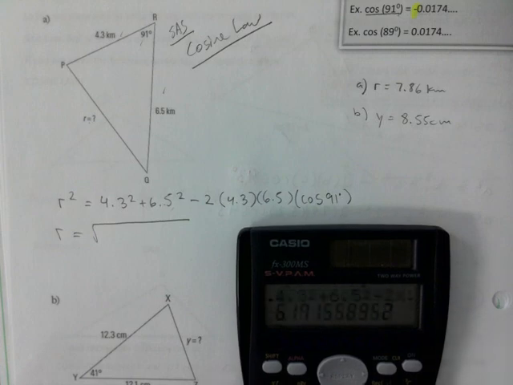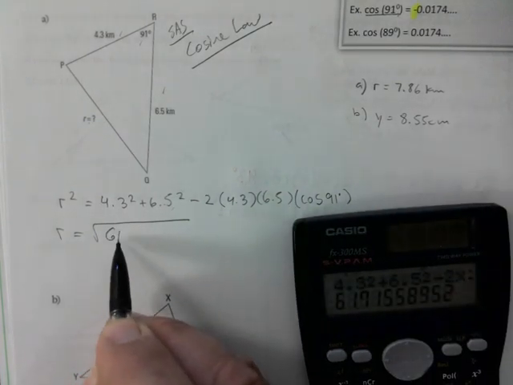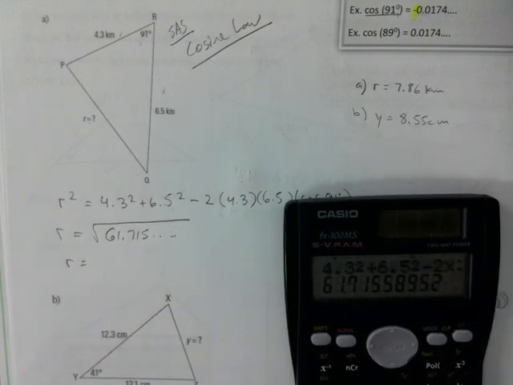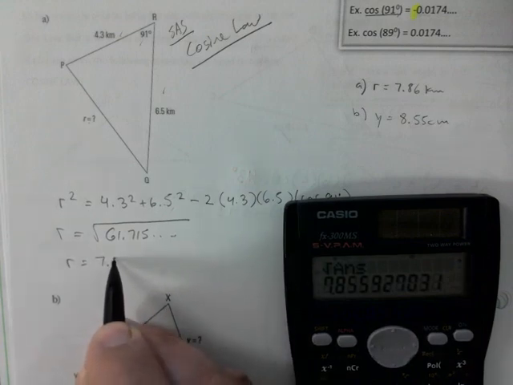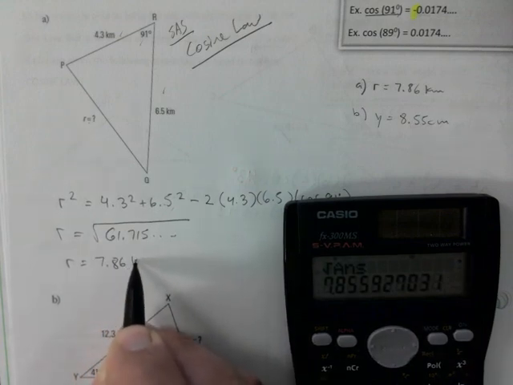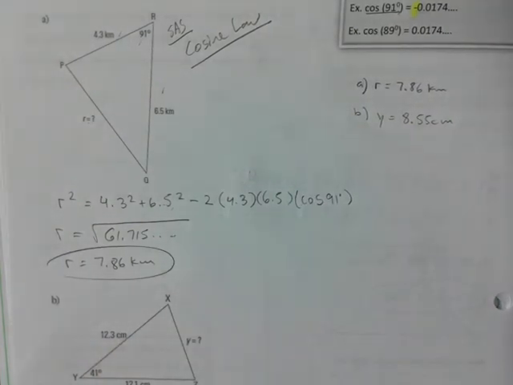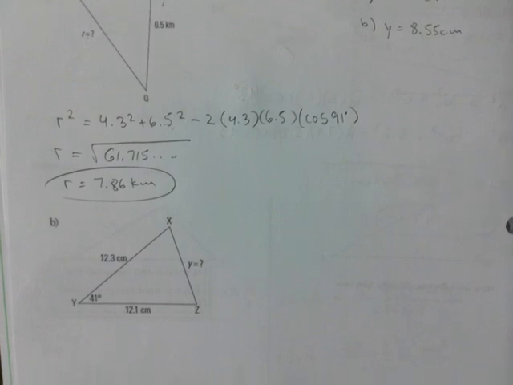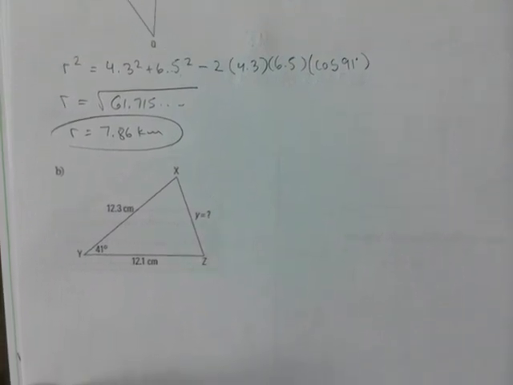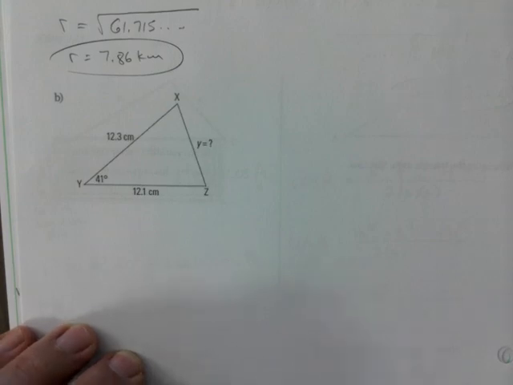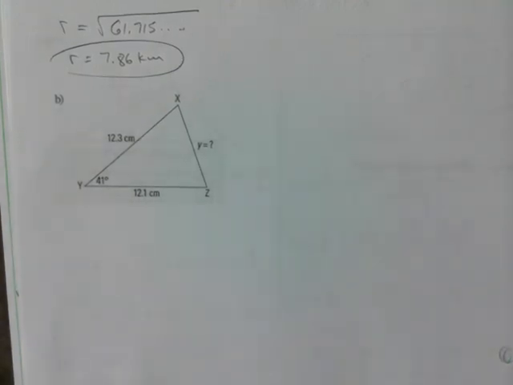Cosine 91, you get 61.715 dot dot dot, and then your next line is just to take the root, hit equals, and that's 7.86 rounded kilometers. Bingo. You got your 3 marks there. 1 mark for deciding it's cosine law, 1 mark for work, 1 mark for the right answer. Yeah, trig has lots of marks associated with it.